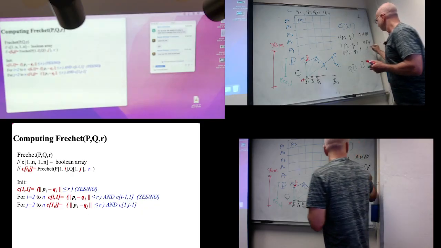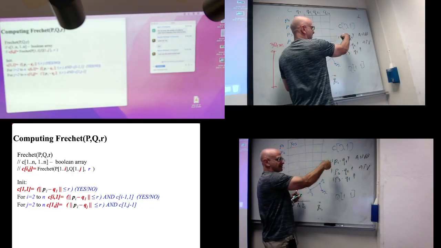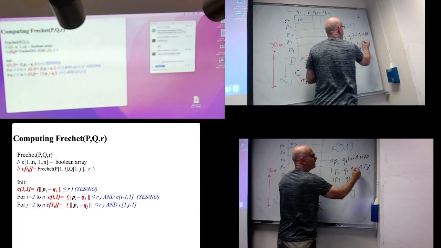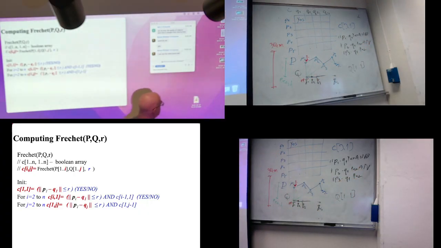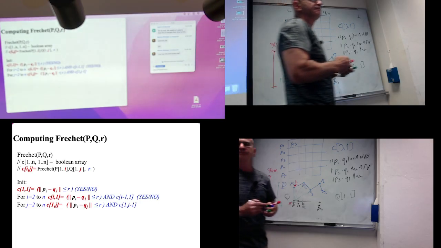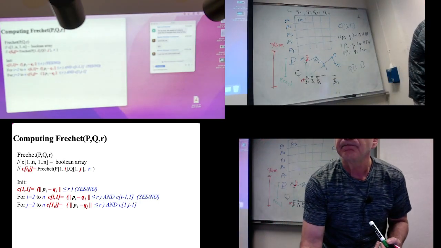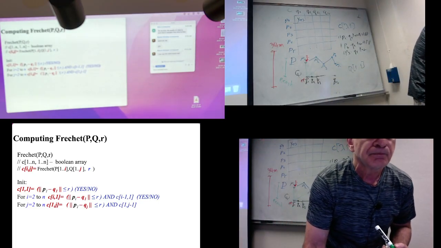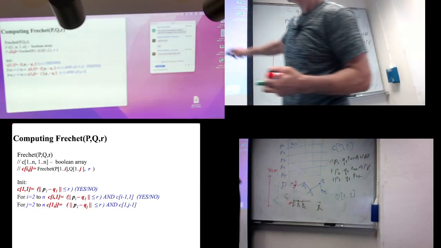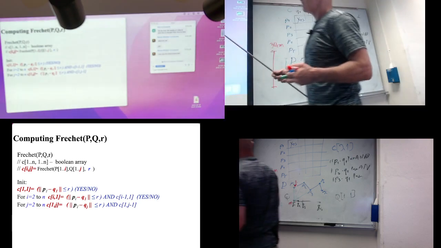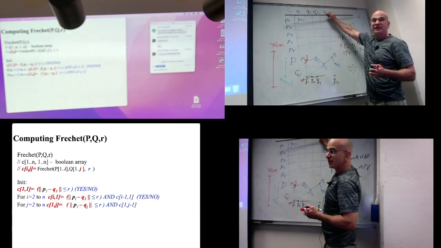And this is smaller than R, this is smaller than R, and this is smaller than R. All three are true. This is just a compact way to write it down. So that takes care of the initialization. And the next line is just the same. This line is just the same. Takes care of filling up the first row.